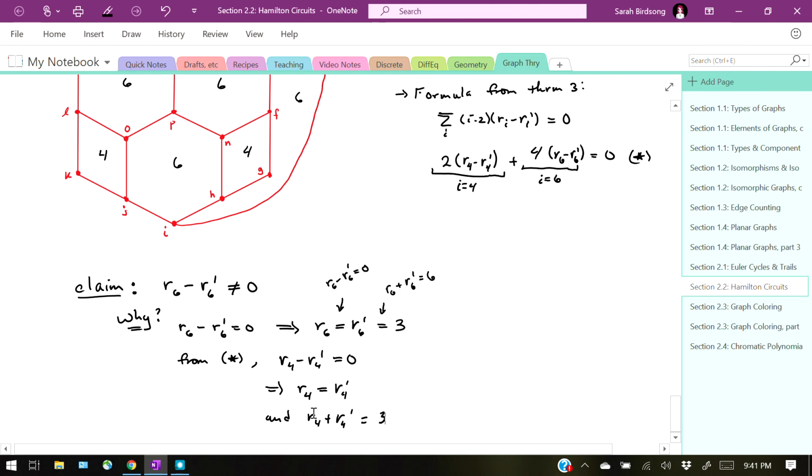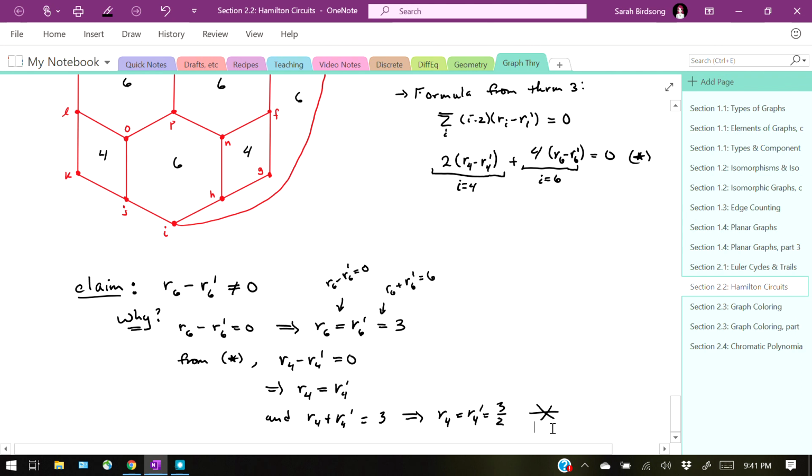So if these two are exactly the same, this would tell us that not only are they equal to each other, they would actually be 3 over 2. Now, remember what these things are counting. This is the number of faces of degree 4 inside your Hamilton circuit and outside your Hamilton circuit. Well, it's counting how many of them there are. You're not allowed to have half of a thing. So this is something that can't exist.